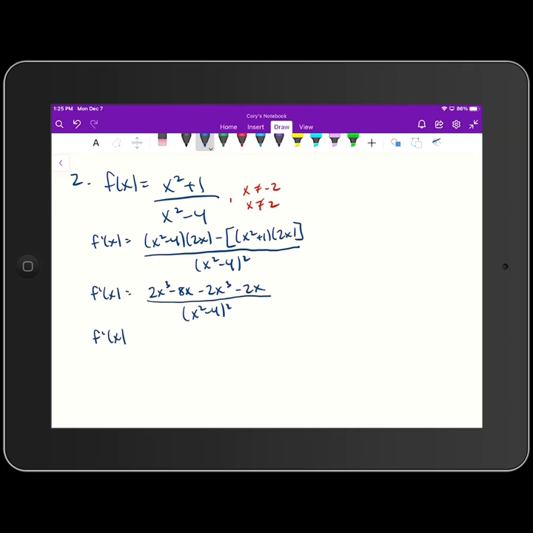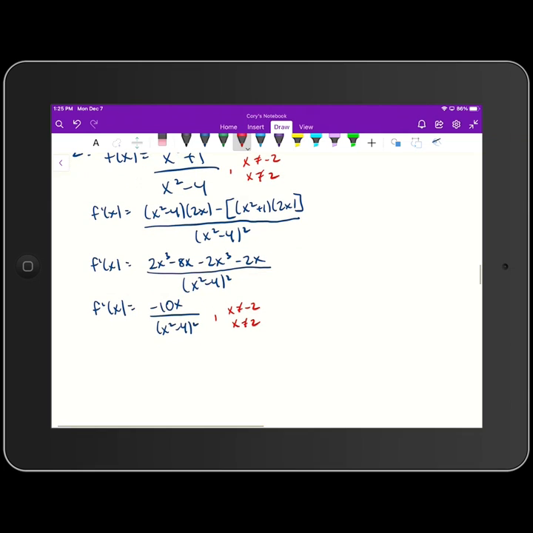And then I can simplify: the 2x cubes cancel, so negative 8x minus 2x is negative 10x all over x squared minus 4 quantity squared. Again, I want to find the domain of f prime. The domain of f prime, again, is x can't be equal to -2, and x can't be equal to +2.